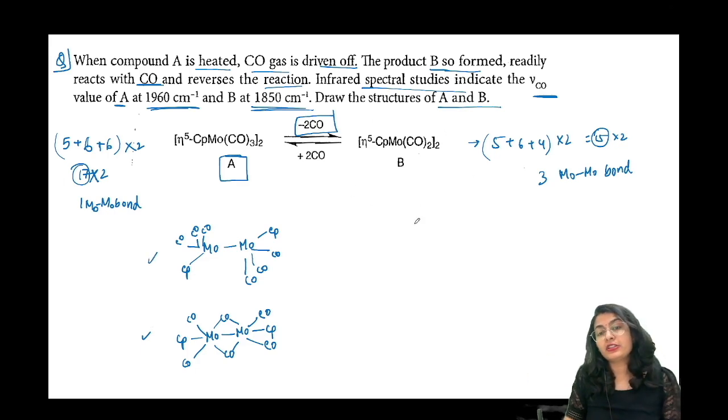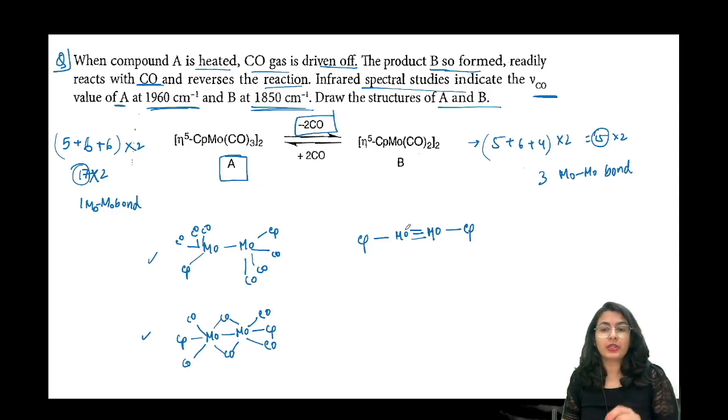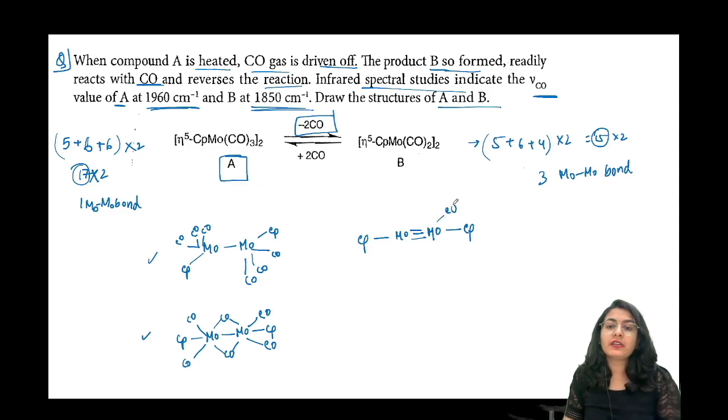But after the removal of this carbonyl, it definitely has to be a molybdenum triple bond. And here what is left? You are only having 2 carbonyls per molybdenum. That means either you can write the structure like this.